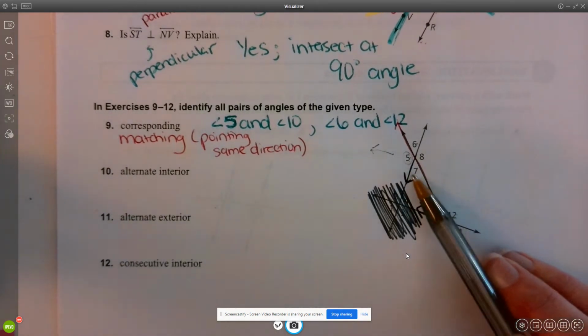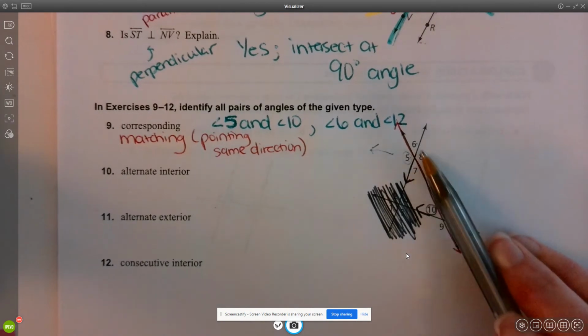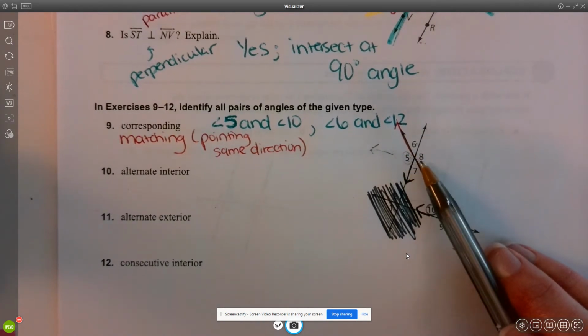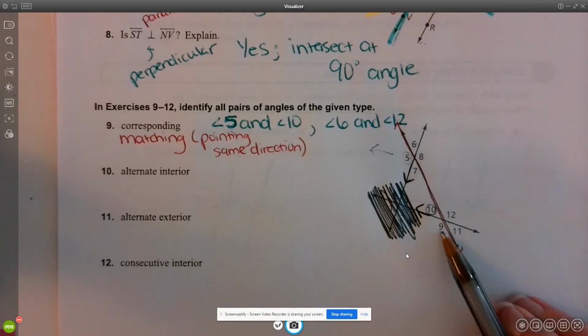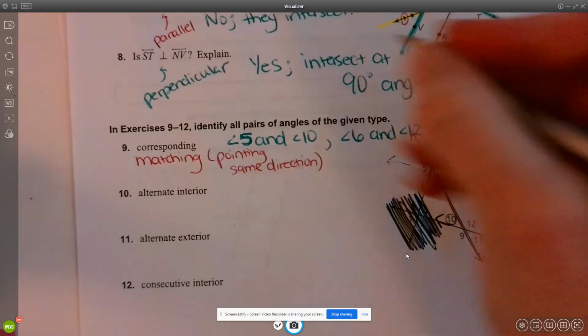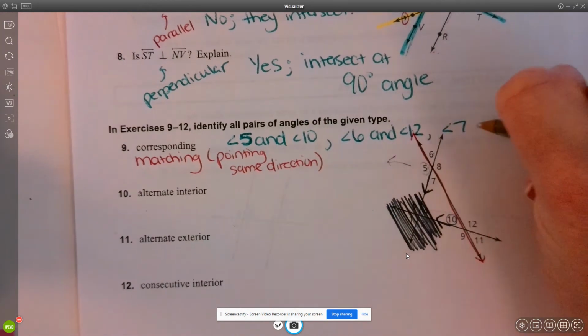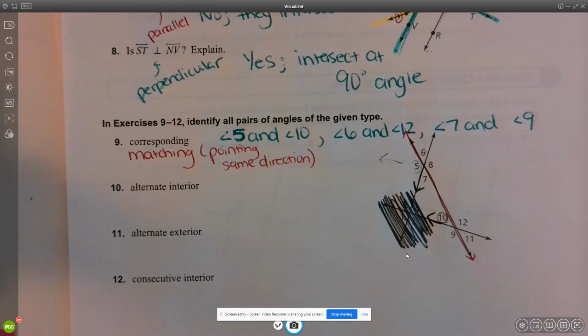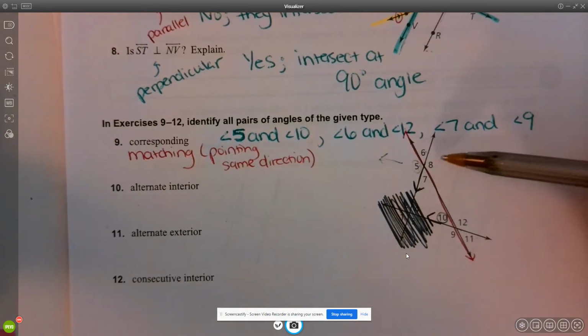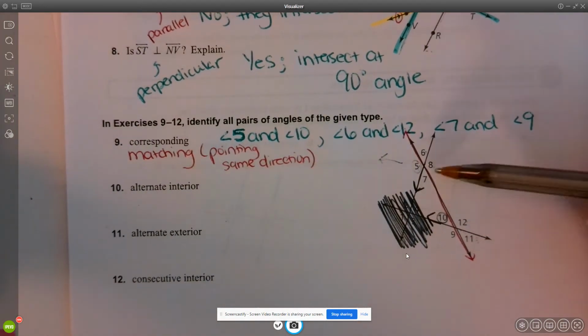It's in this bottom left-hand corner. When I compare it to these other 3, its matching or corresponding angle is angle 9. So angle 7 and angle 9, which leaves us with 8 and 11. 8 and 11 are corresponding angles. They're kind of in this lower right-hand corner.